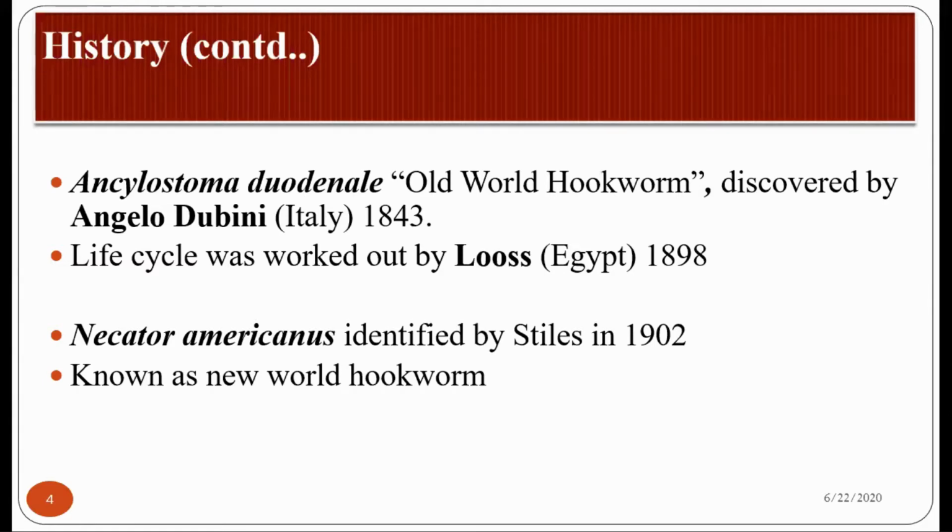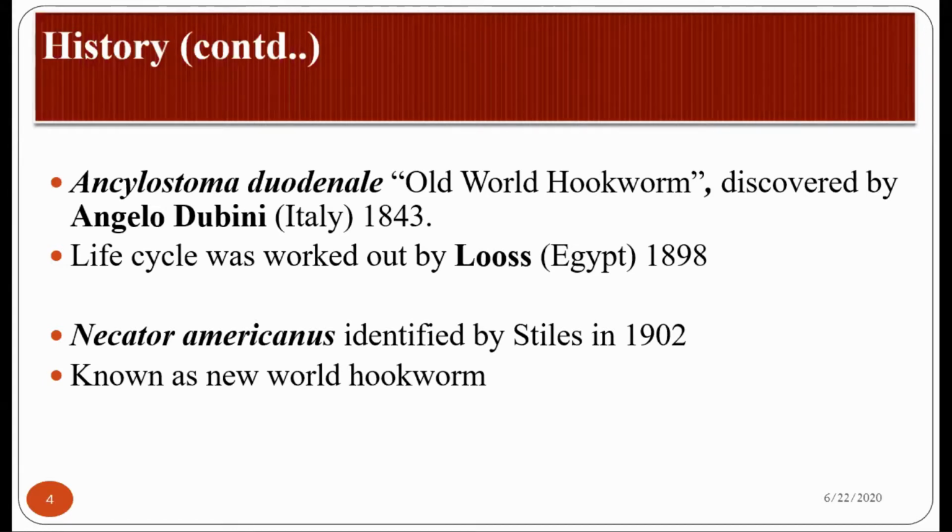Those African slaves who were traded to the US were infected by Necator americanus, and those slaves were responsible for transmitting Necator americanus to the American citizens, which resulted in infestation of most of the American citizens and the death of many American people.